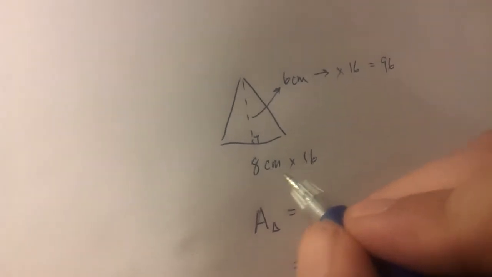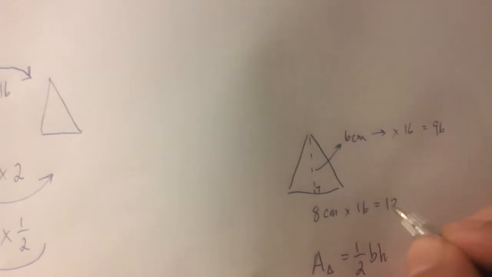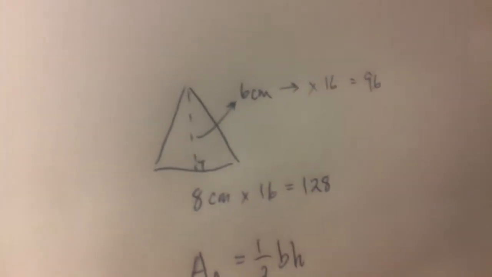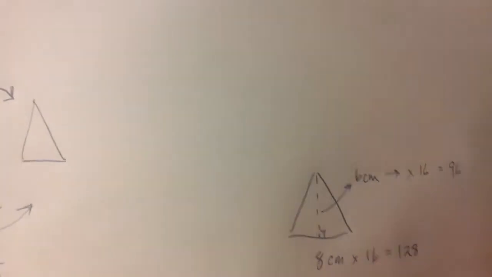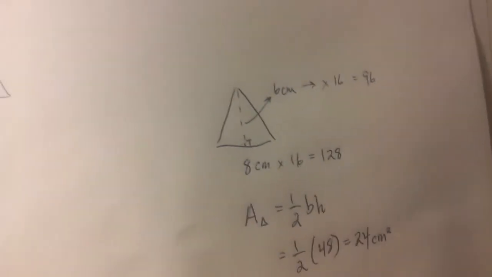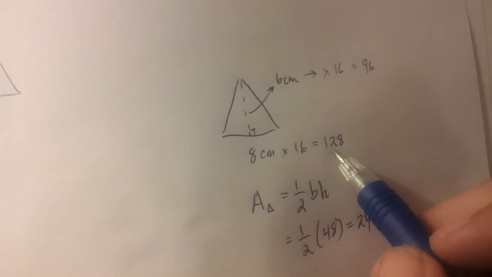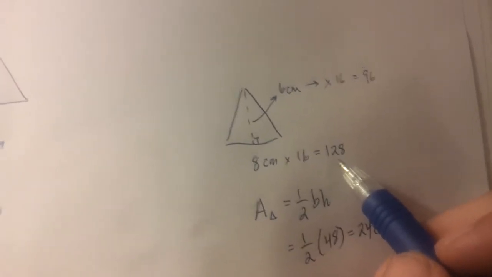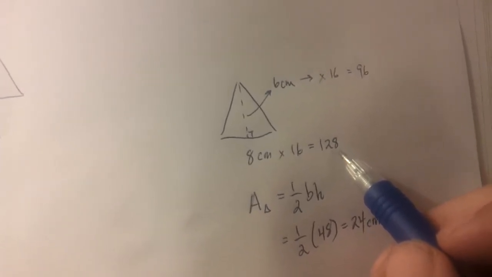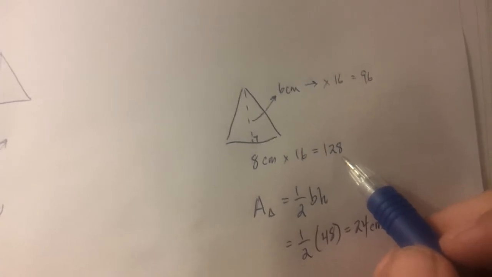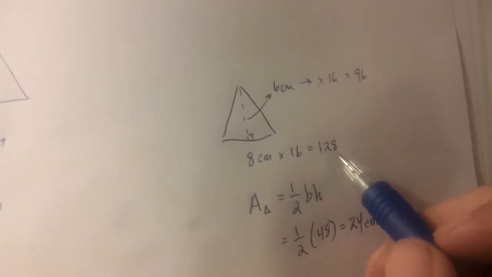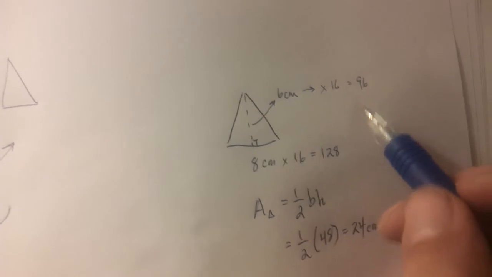And 8 times 16 is 80 plus 48, or 128. Now, if I multiplied 96 and 128, I would not get 384. That's pretty obvious, because 128 times 3 is 300 plus 60 plus 24. So that's going to be way too large.